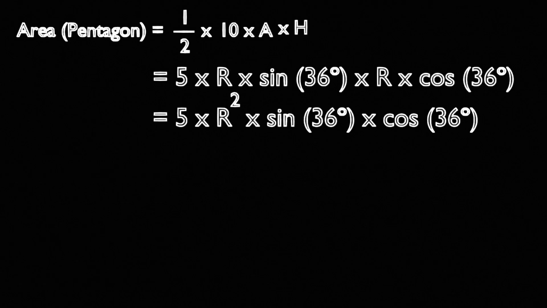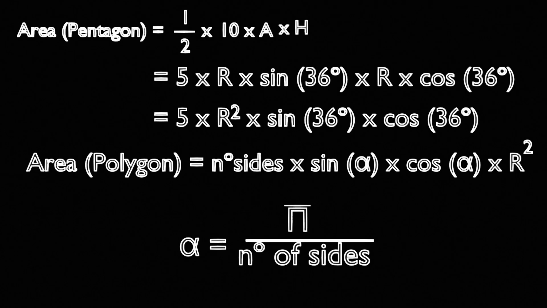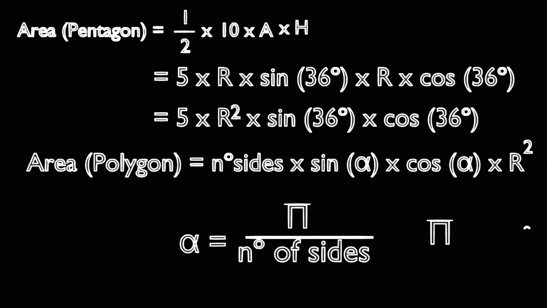So, the conclusion is that the area of any polygon inside a circumference and with equal sides is represented by the equation number of sides times sine of alpha times cosine of alpha times R squared. Alpha is equal to pi over the number of sides, and pi equals 180 degrees.